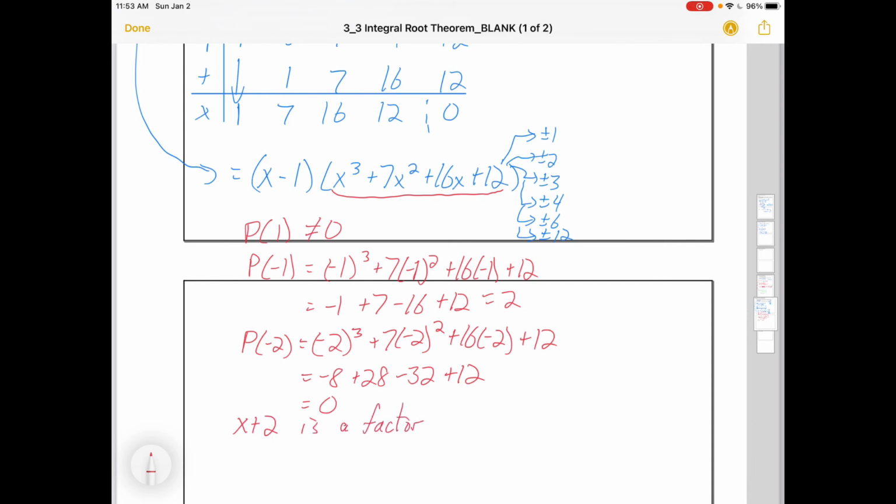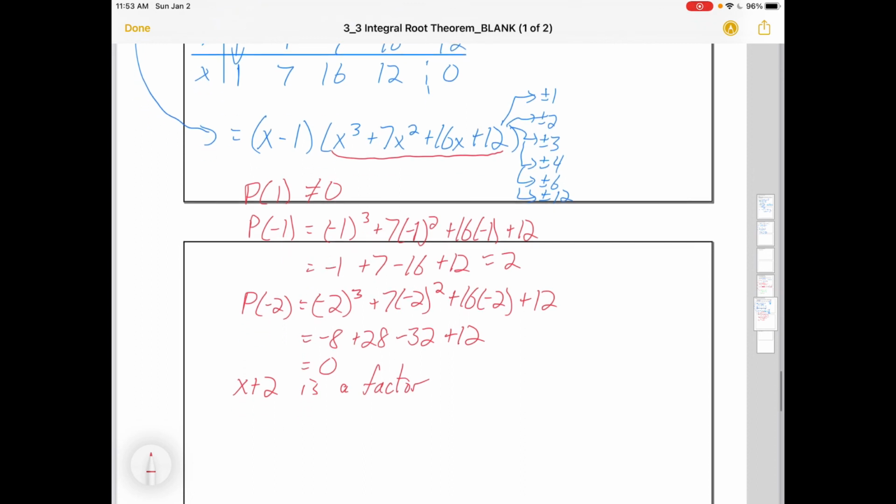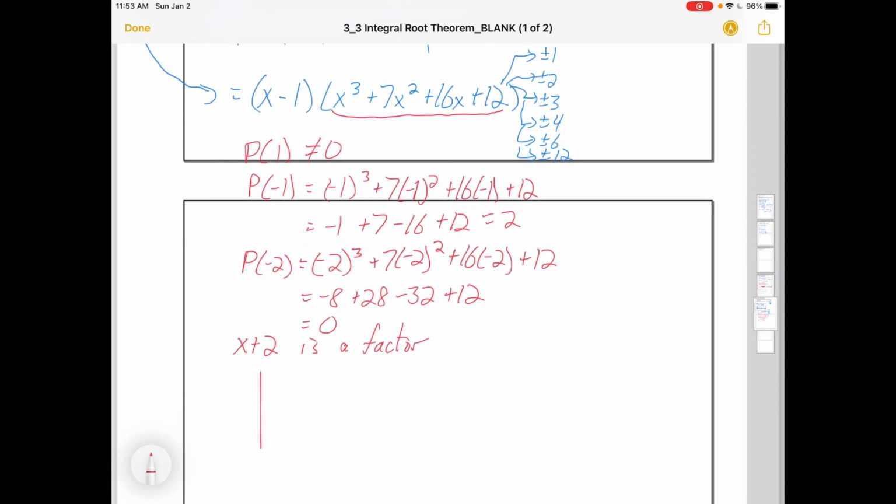So when it's in the binomial, it's the opposite of when it's just there as a number. Same sort of idea for the division. When it's just a number, I make it negative 2. Okay, and the coefficients from up here are 1, 7, 16, 12.